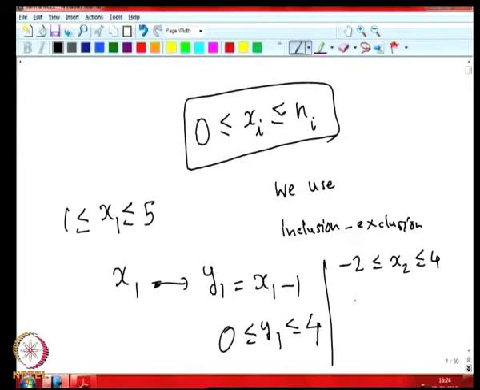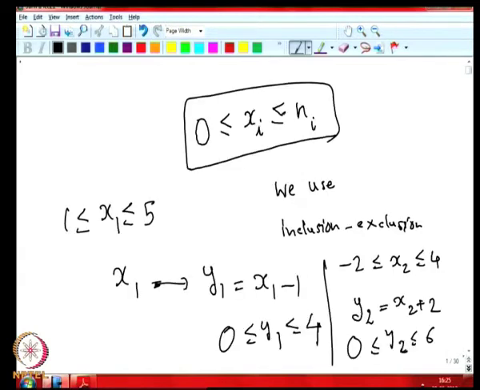So, we replace x2 by a variable y2, which is x2 plus 2. Then y2 will be in the range 0, because minus 2 plus 2 is 0, and 6. Whatever is x2, we add 2 to it, and we create another variable which ranges between 0 and 6.